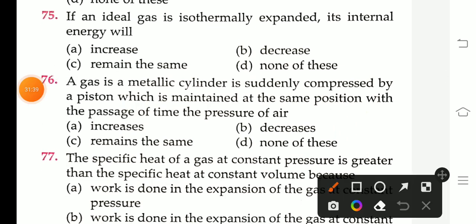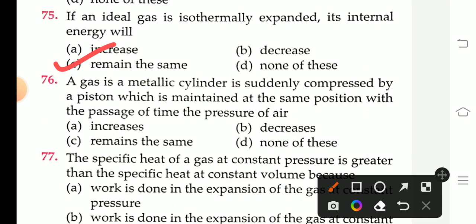Next, if an ideal gas is isothermally expanded, its internal energy will be. Right answer will be option C. Remain the same.